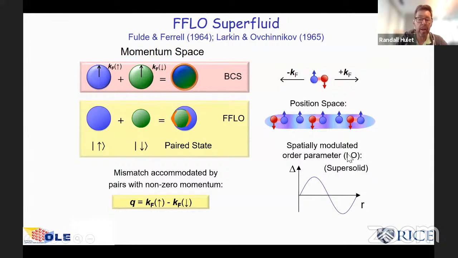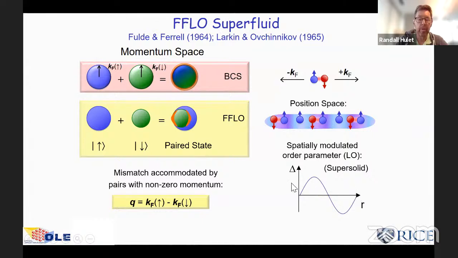Well, in the LO case, this is the Larkin-Ovchinnikov case, you can imagine accommodating these excess spins in domain walls where the order parameter is spatially varying. So the spatially modulated order parameter gives rise to spatially modulated spin density. And at these zeros in the order parameter are places where the excess spin-up atoms can reside.